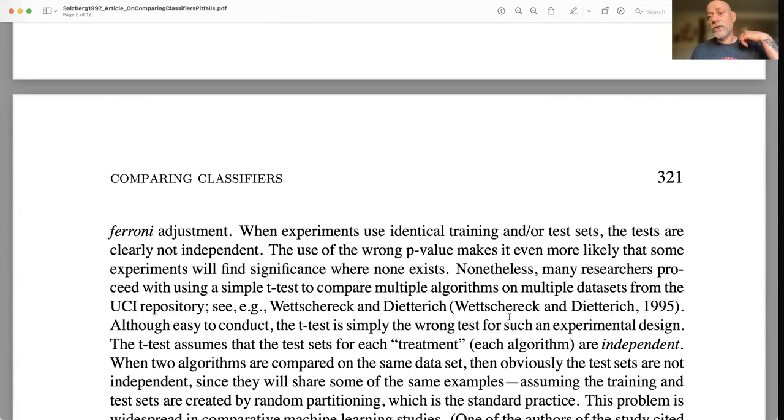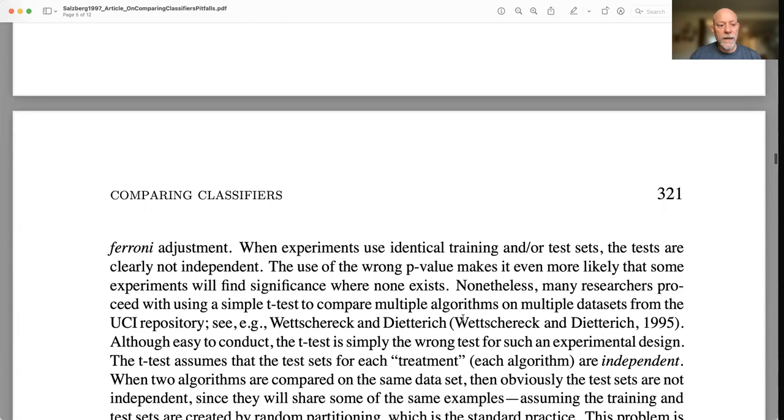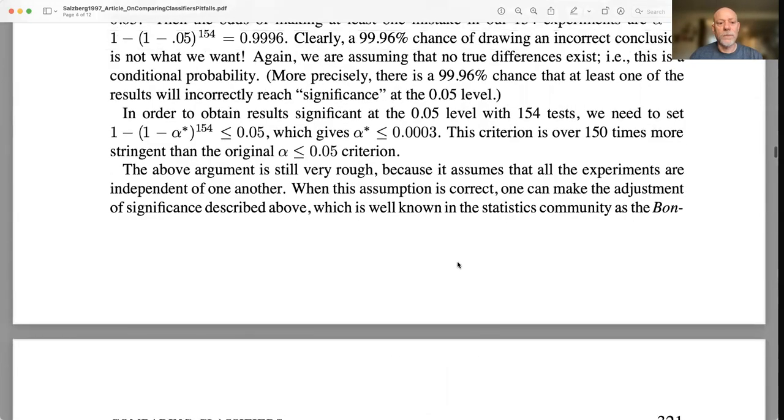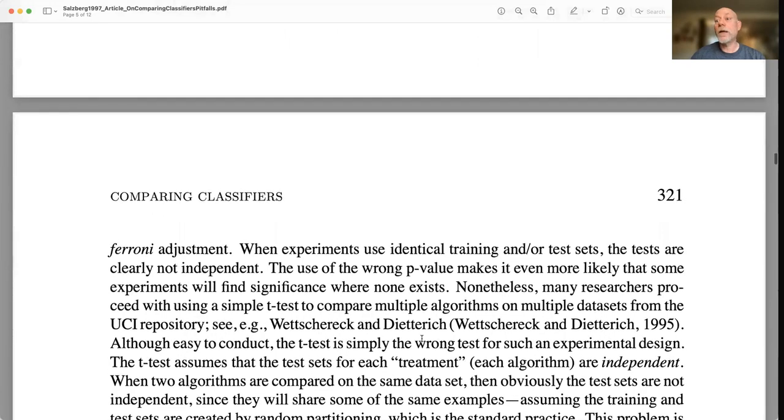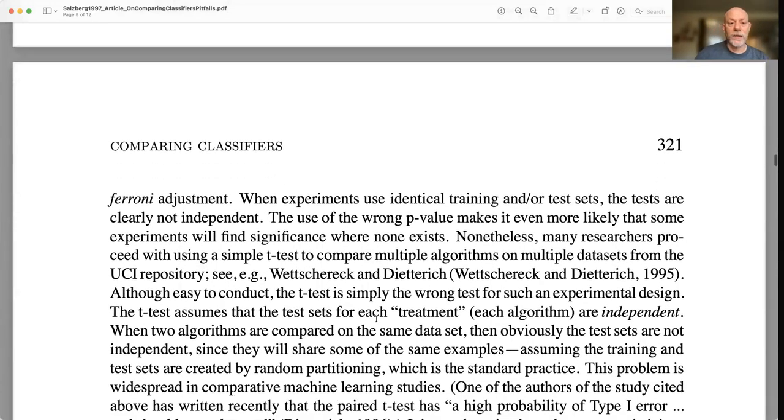So if you're doing 154 comparisons, your threshold for significance that would be equivalent to a p-value of 0.05 would be 0.05 divided by 154. Okay. Back to it. Oh, one more aside. I actually did not realize that Bonferroni requires independence between the tests. So that's a new one on me.